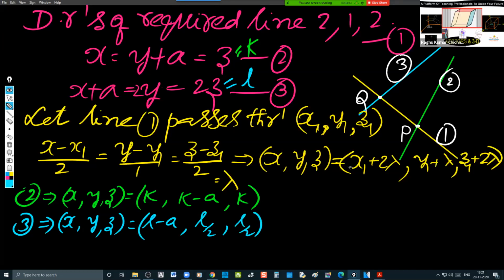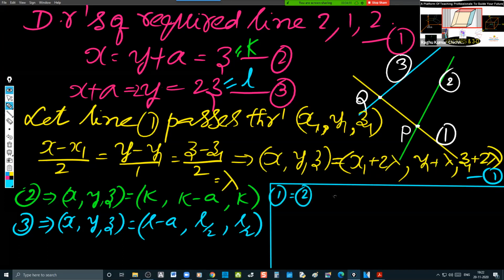Now, if 1 and 2 are intersecting, you have to equate them. That is, the first equation is equal to the second equation.